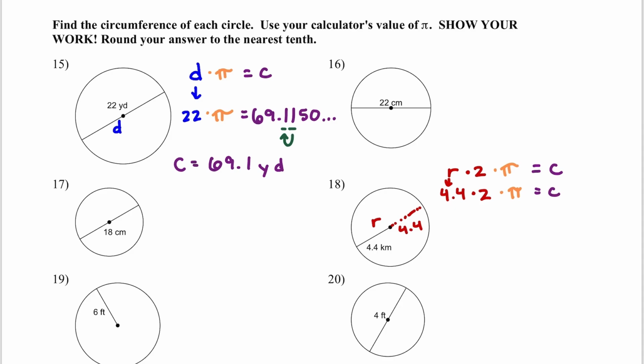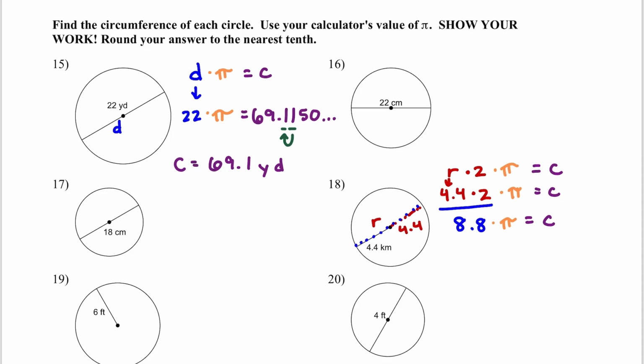So again, remember, I have 4.4 going this way, 4.4 going in the opposite way, so altogether, that would give me a diameter of 8.8. If I do 4.4 times 2, that simplifies to 8.8 for my diameter, which I will then multiply by pi to give me the circumference.